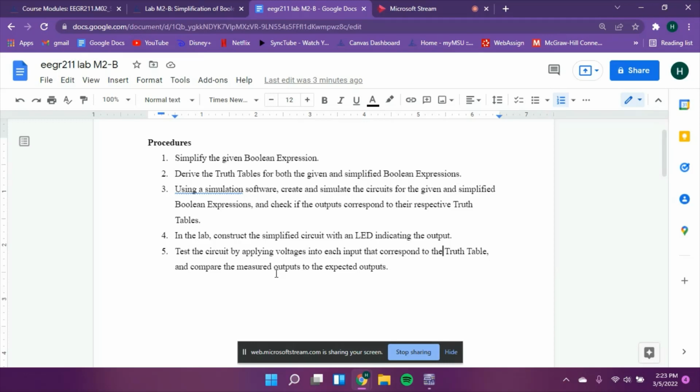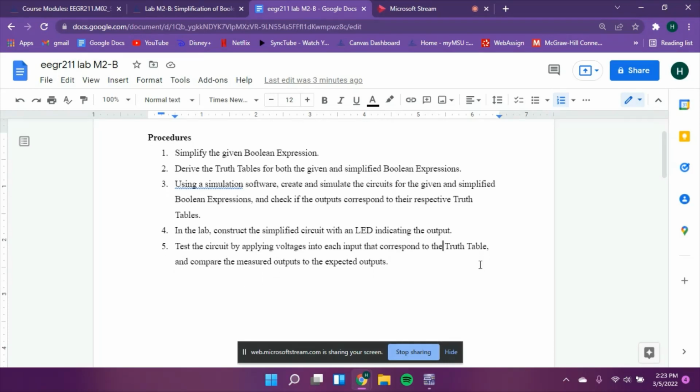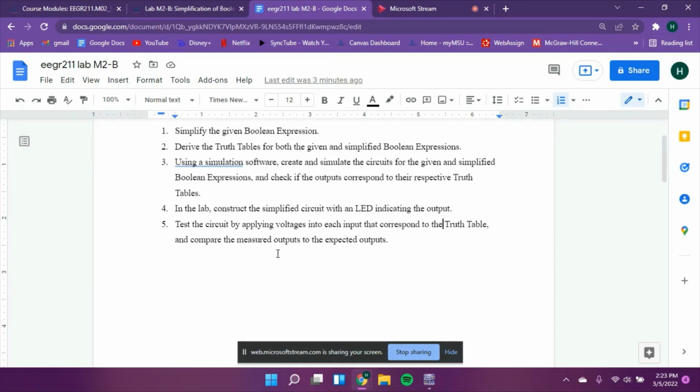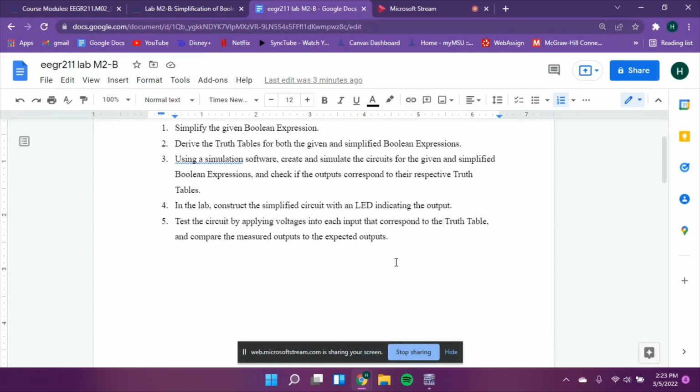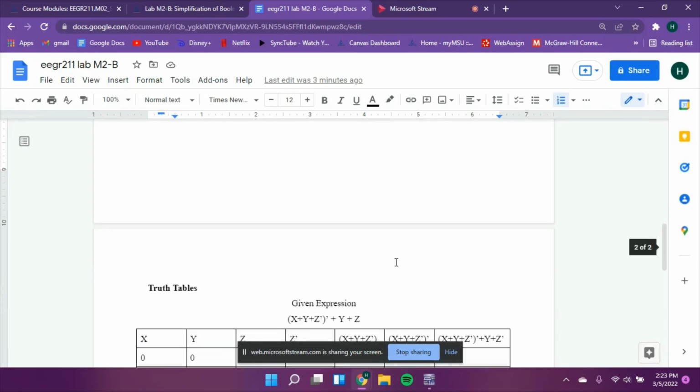Once we are in the lab, we will construct a simplified circuit with an LED indicating the output. And then we will test the circuit by applying voltages into each input that correspond to the truth table and compare the measured outputs to their expected outputs.